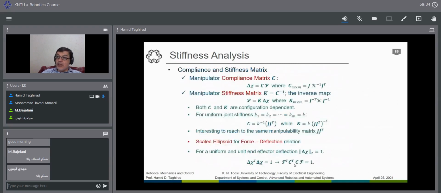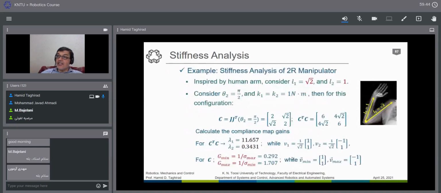What would be our force reflection? C transpose C. Very similar to J, but a number of higher degree here. You can see that if this is JJ transpose, then C, you can find that this is C, then C transpose C is like that.